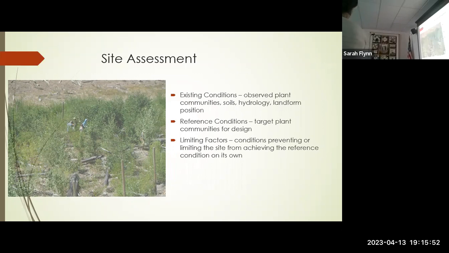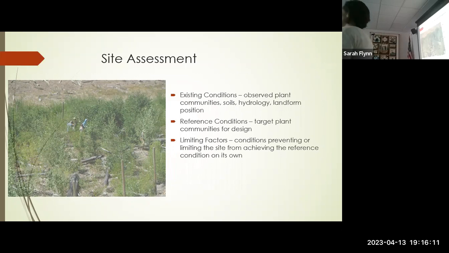We look for reference conditions too that may inform how we might design desired plant communities, if there's certain soil types that we're looking for or hydrologic conditions that we want to emulate throughout a larger part of the project area where we see successful vegetation.